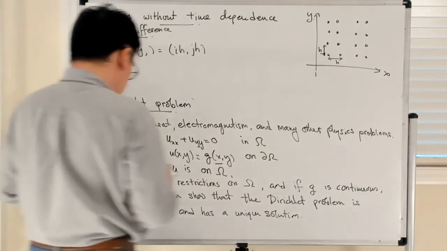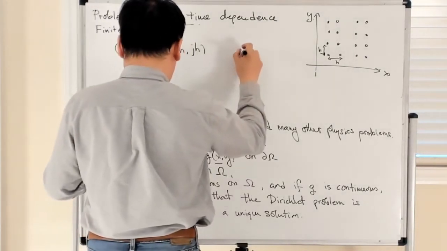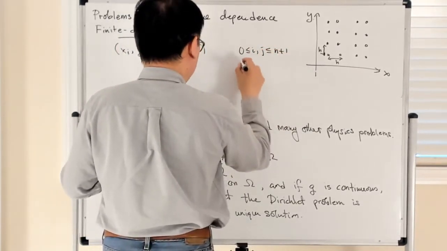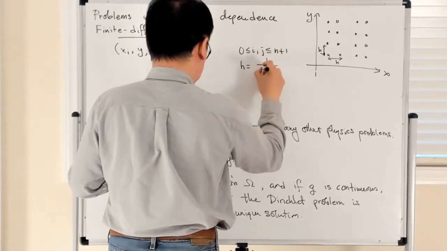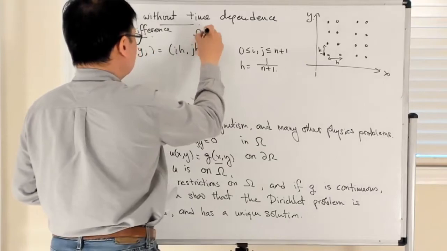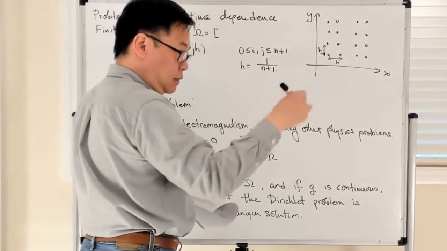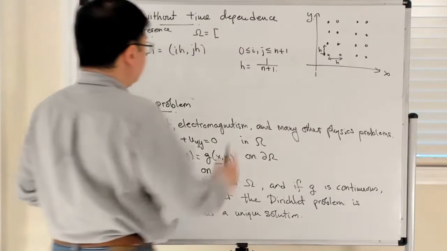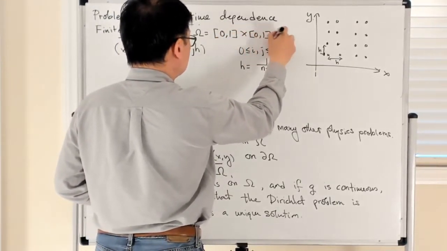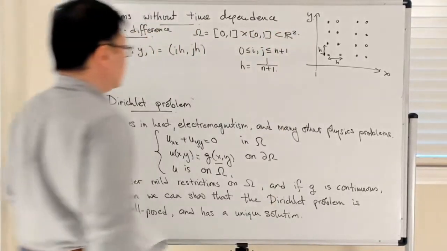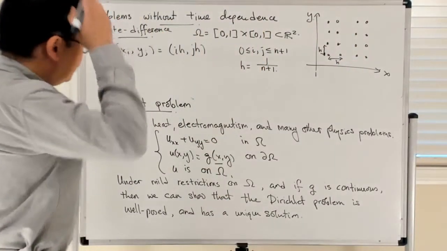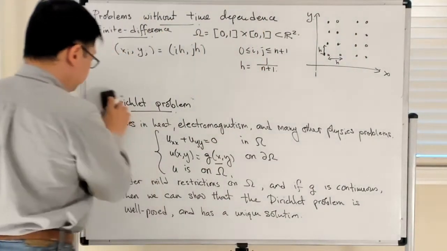And then i and j are between 0 and n plus 1, and h is just going to be 1 over n plus 1. So here I'm going to look at omega just being the unit square, [0,1] cross [0,1] contained in R2. Okay, and then I'm going to mesh it up in the following way.